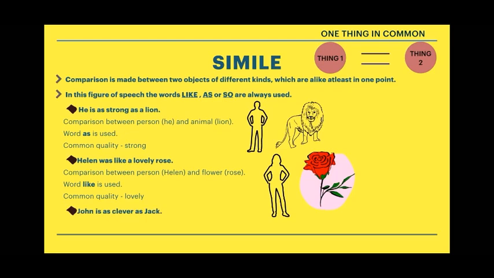Look at this example. Now both John and Jack are persons. Now in sentences where there is comparison between two objects of the same kind, it is a simple comparison and it is not a simile.